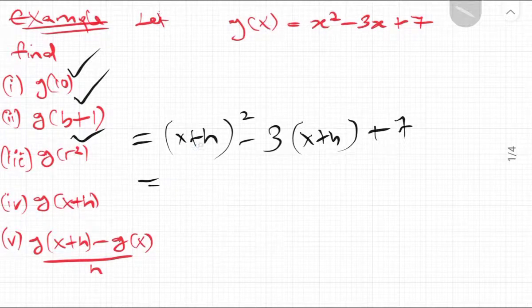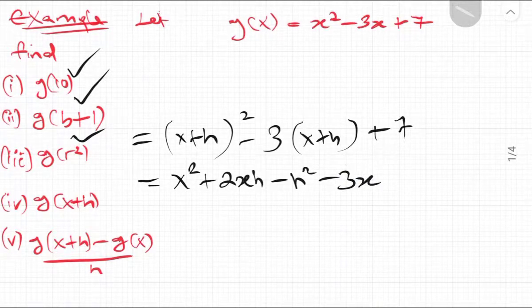So we have x plus h squared. So I'm going to multiply this out. So we have x squared plus 2xh plus h squared. Then multiply minus 3 by x plus h. So we have minus 3x, then minus 3h plus 7.